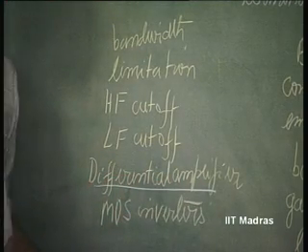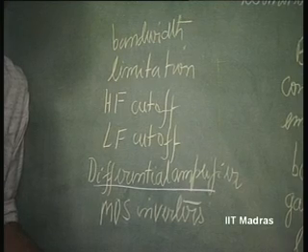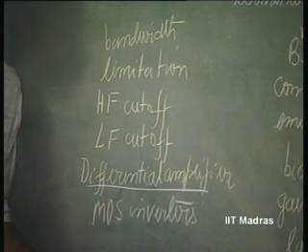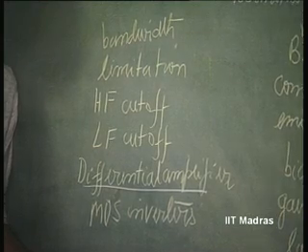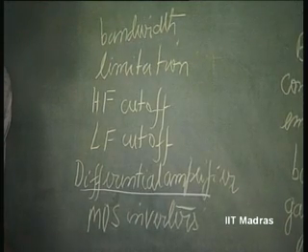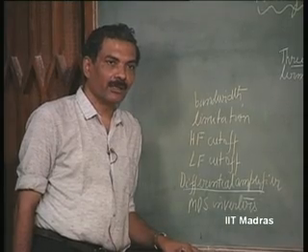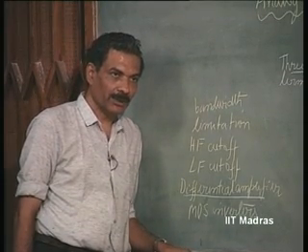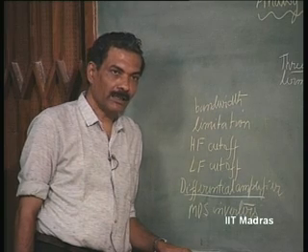So, we said how this facilitates getting rid of bypass capacitors, and how using dual supplies we can also get rid of the input coupling capacitor, and how by direct coupling we can get rid of the coupling capacitor from stage to stage. What are the disadvantages associated with direct coupling?